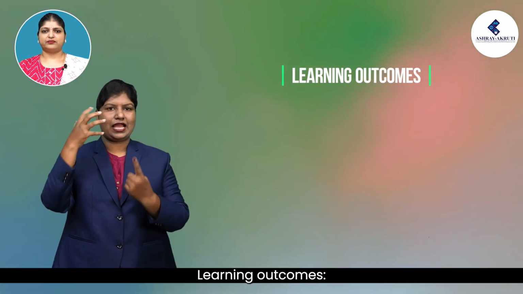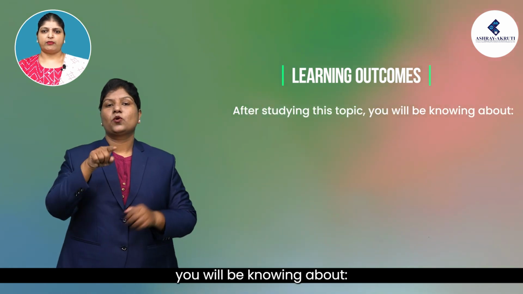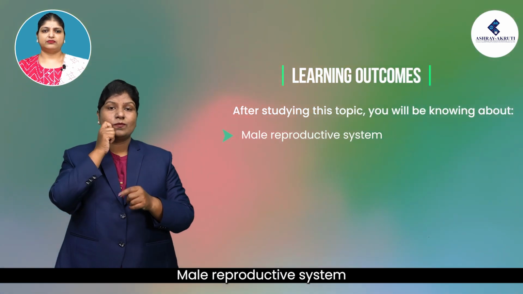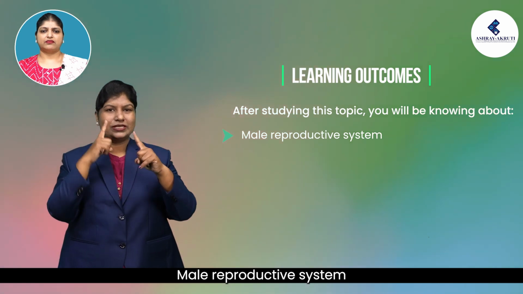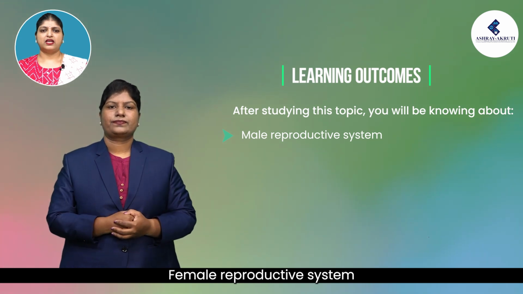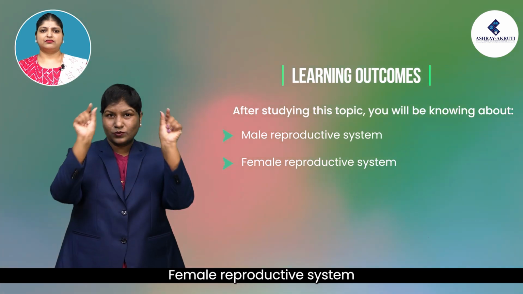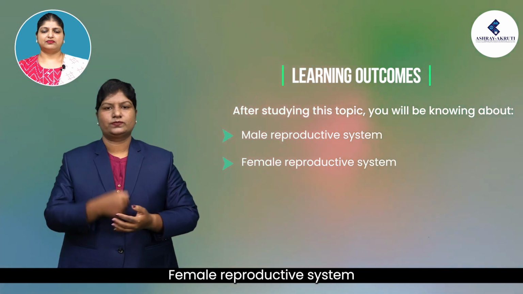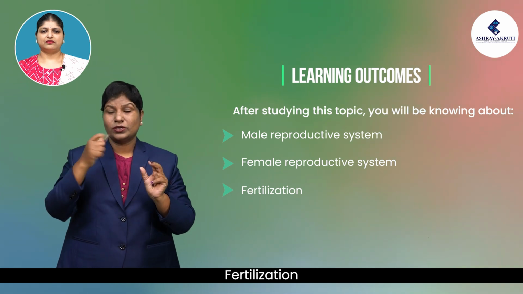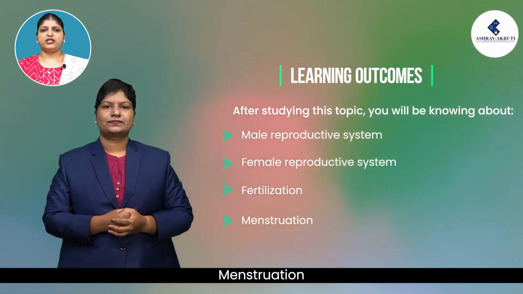Learning outcomes. After studying this topic, you will be knowing about male reproductive system, female reproductive system, fertilization, menstruation.